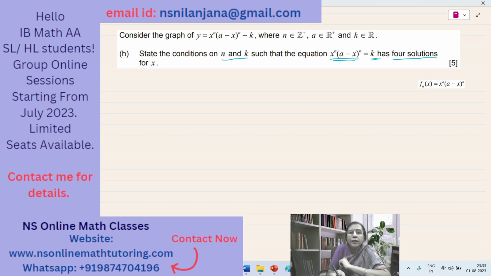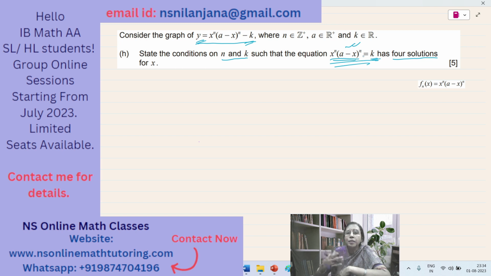And if we just try to relate these two, we are seeing if we take y value as 0, we will be getting this equation: x to the power of n times a minus x whole raised to the power of n equal to k. And minus k means it is just a vertical translation. We will be having this shape of the graph, and depending on the value of k, it will be translated up or translated down.